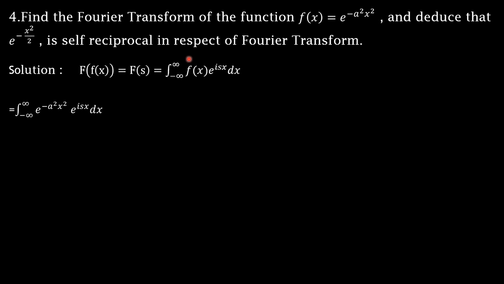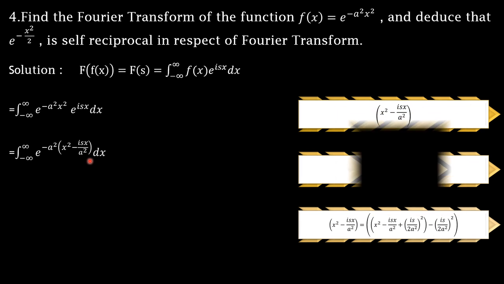Substitute the function f of x by e to the power minus a square x square and simplify it, so that the integral changes to the form integration from minus infinity to infinity of e to the power minus a square common from these two terms, so that the terms inside the brackets will be of the form x square minus isx by a square.